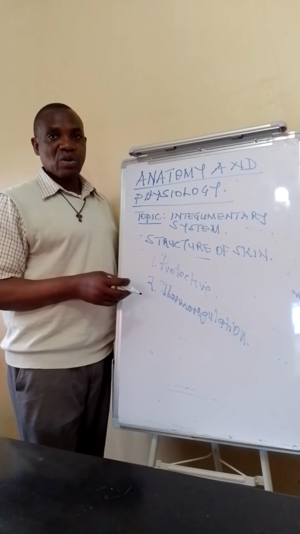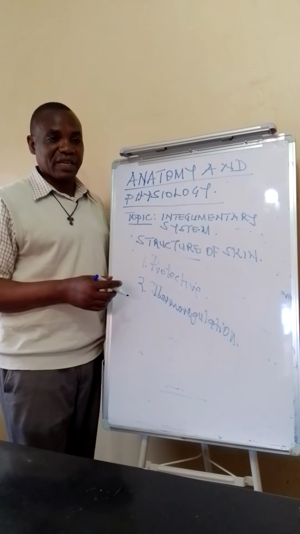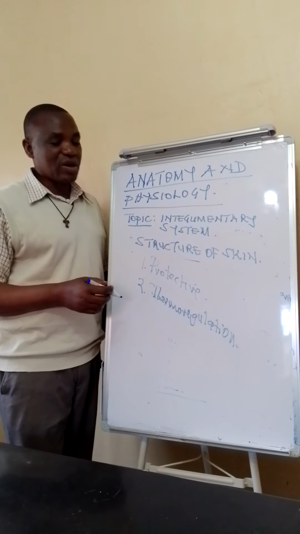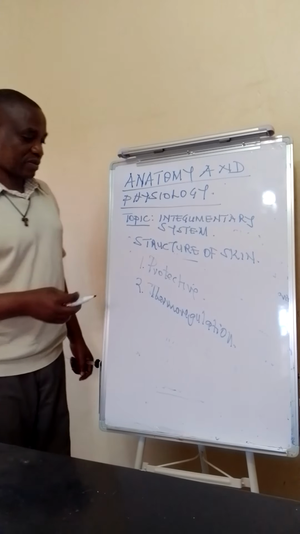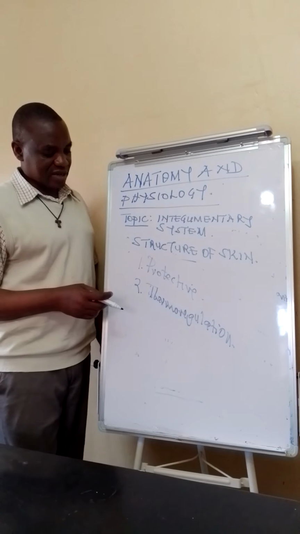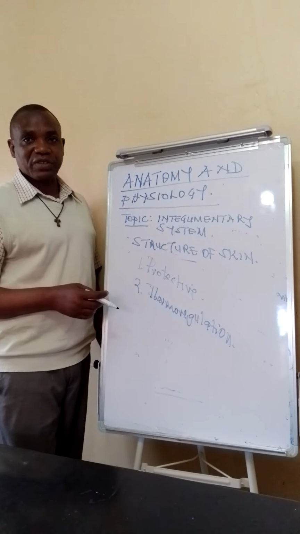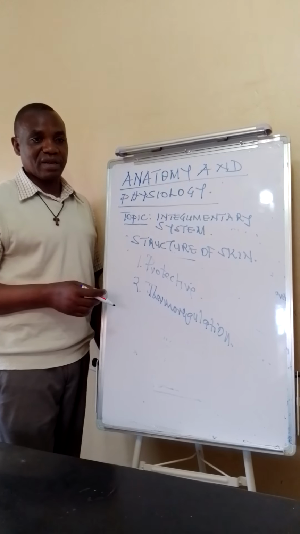Number three, what are the accessory organs of the skin and state their function? Number four, what are the two main functions of the skin?